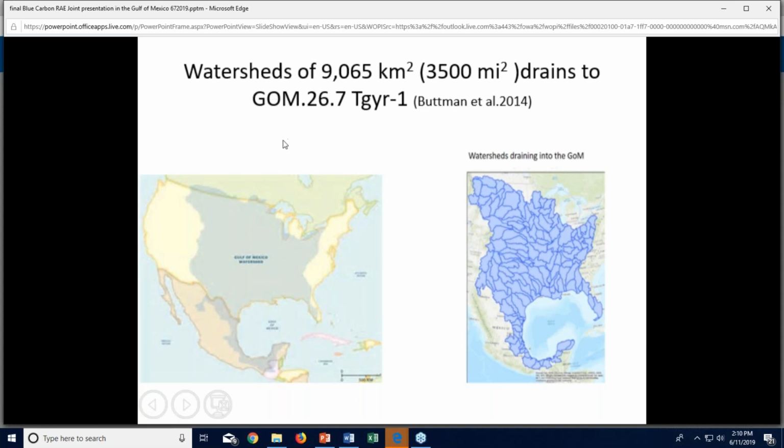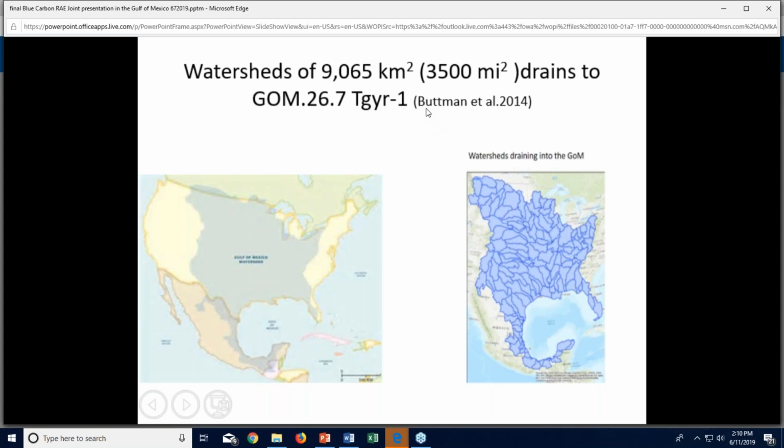So here's the watershed, which is almost 10,000 kilometers. It's the biggest watershed in North America, of course, going from all the way in Canada, all the way down through Mexico and a part of Guatemala. And so it's a basin which accumulates more than anything else and has accumulated over a long period of time when this was the Tethys Sea.